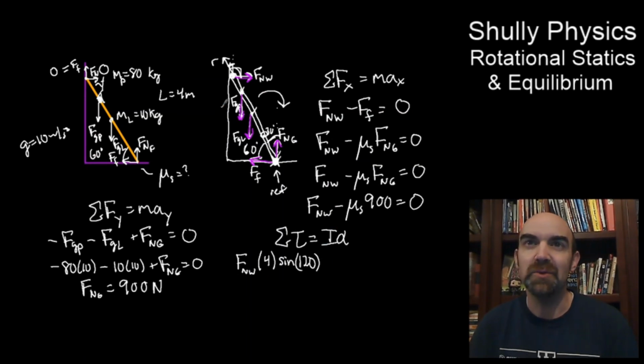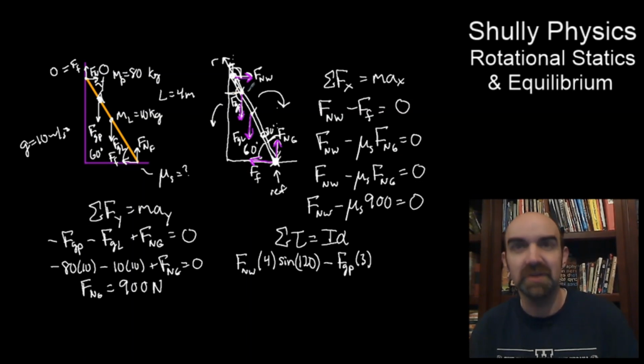Now we've got two counterclockwise torques. One is from the weight of the person, and that person is 3 meters away from our reference point. And the angle between R at that point and that force, this one's going to be 90 degrees plus 60.